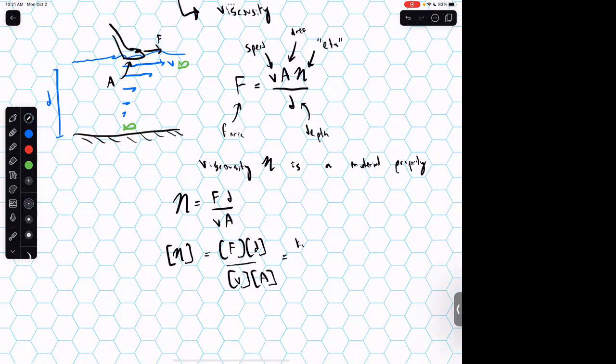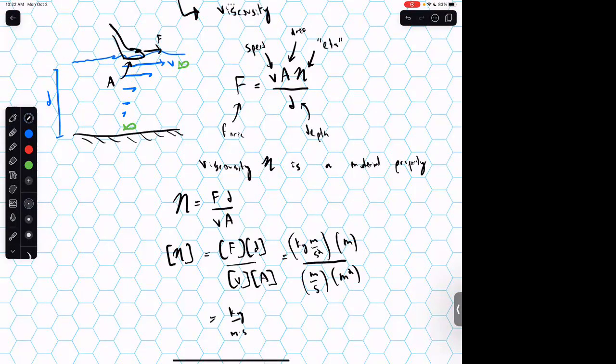So I'm going to write that as kilogram meters over second squared times meters, right? Because d is just the depth. V here is speed, which is meters per second, and then A is just meters squared. If I rearrange those units and cancel out all of my repeated terms, I'll basically get that the units of viscosity are kilograms over meters times seconds.